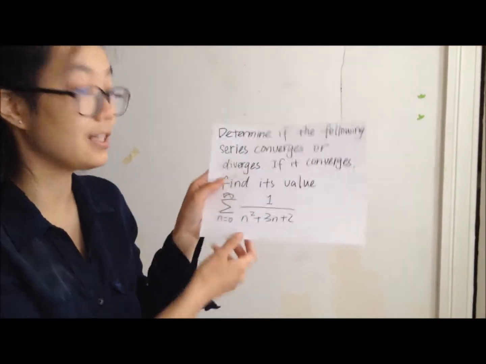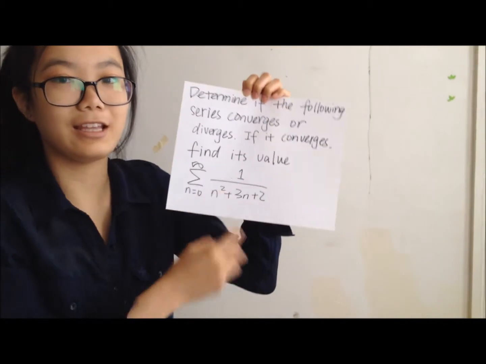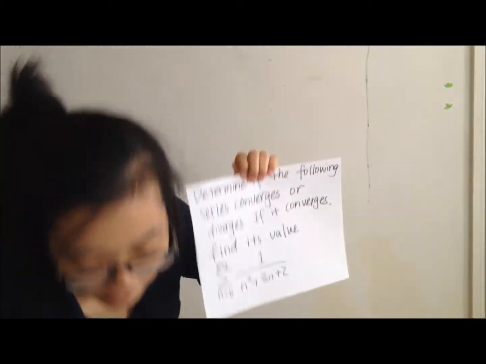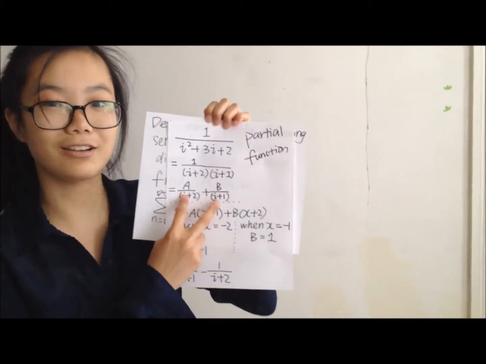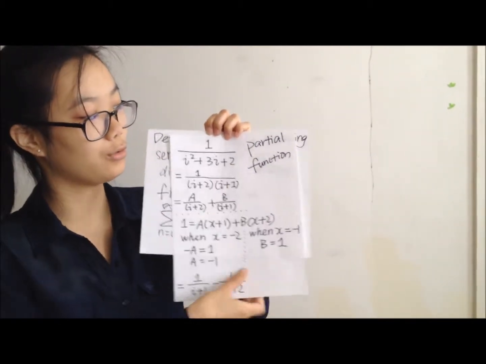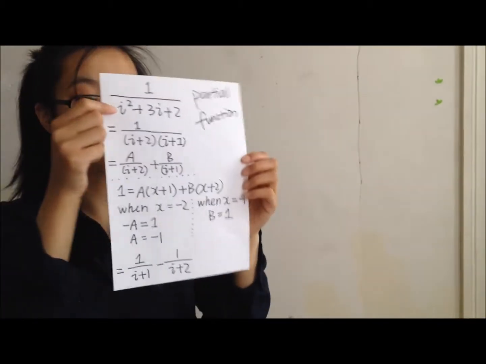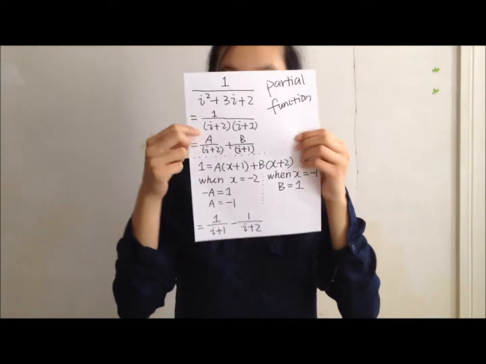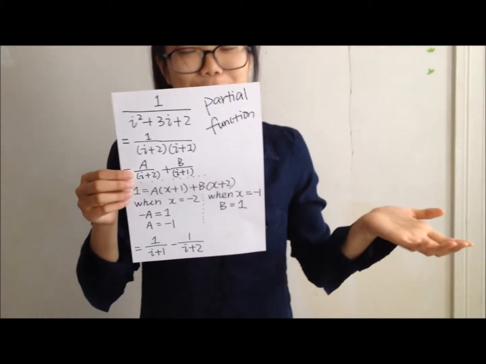Okay, so when we see this kind of function, we can see it's hard to just add it and just count it by our mind. So we need to try to turn it into 2 easier functions, which is we need to do the partial fractions. So this is the original function, and then we need to write it into this kind of function, which is just factoring from algebra 2.